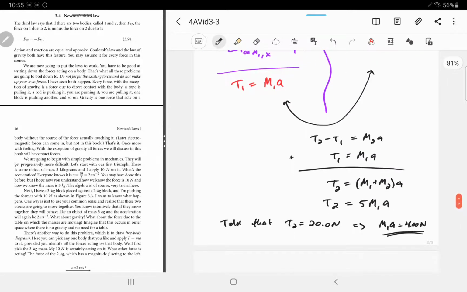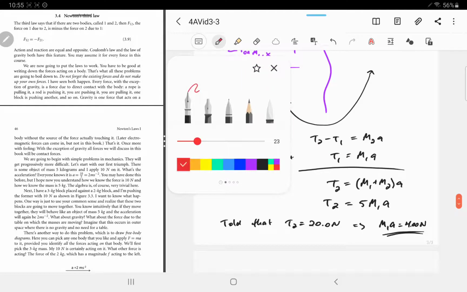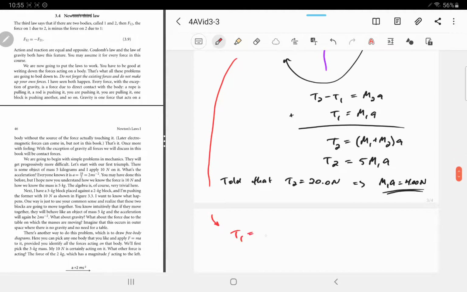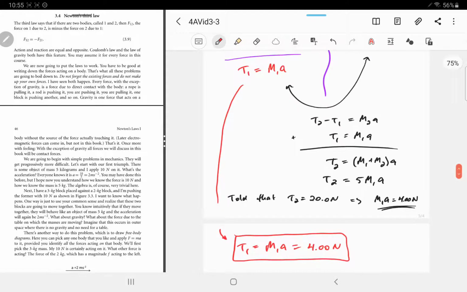All right. So now if we go back to this equation, T1 is equal to M1A, which is 4.00 newtons. And that's exactly what we were solving for.